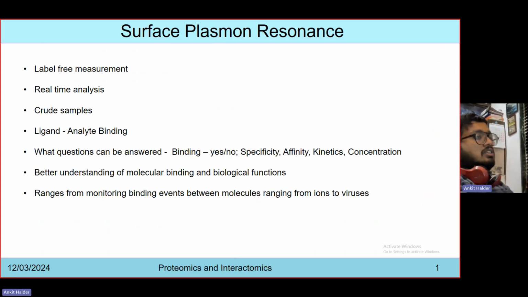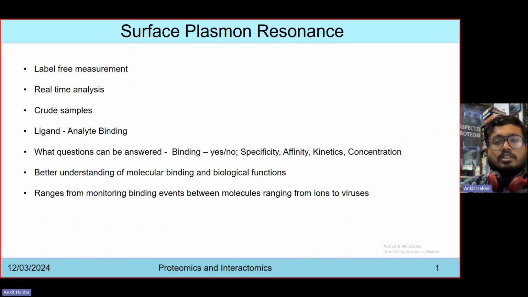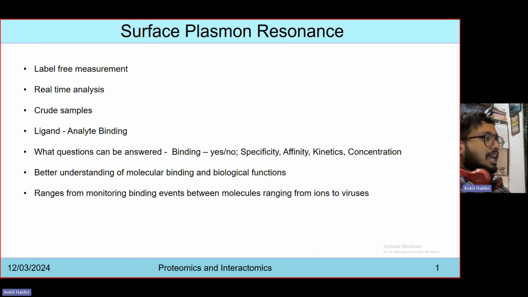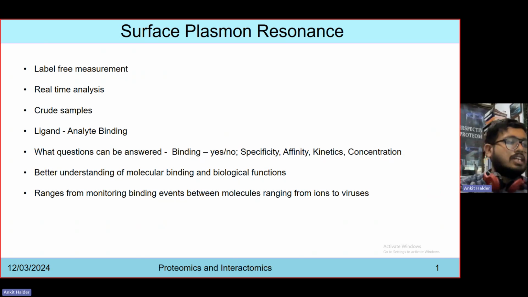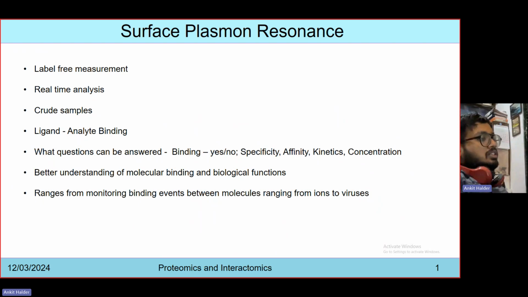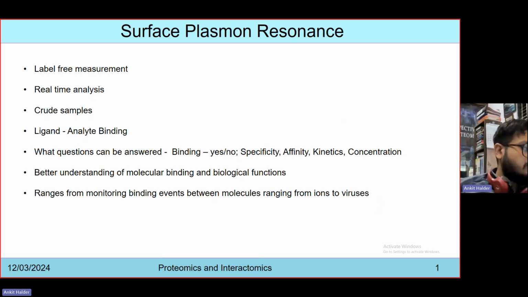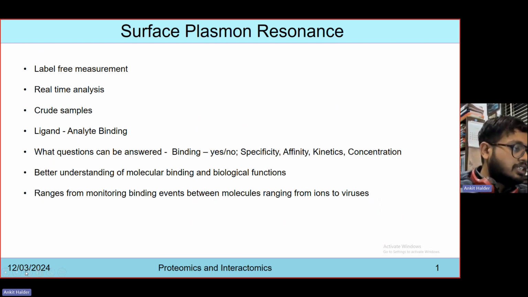So again, the advantages SPR gives us are that, first of all, it is a label-free measurement, it gives us analysis in real time, and it can be done on different crude samples. It is one of those techniques where we can have ligand-analyte binding.